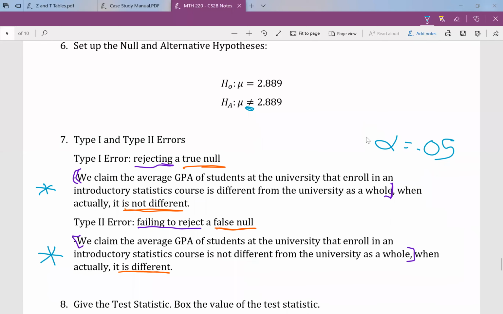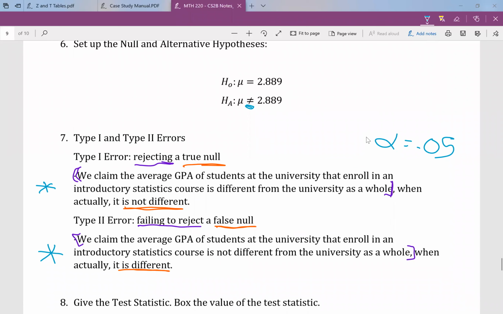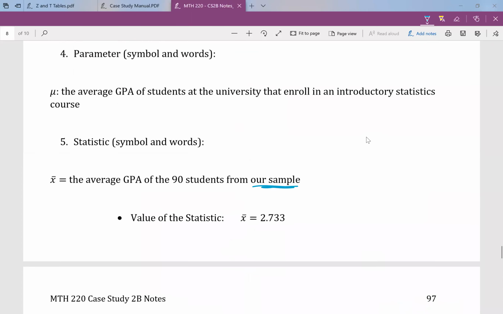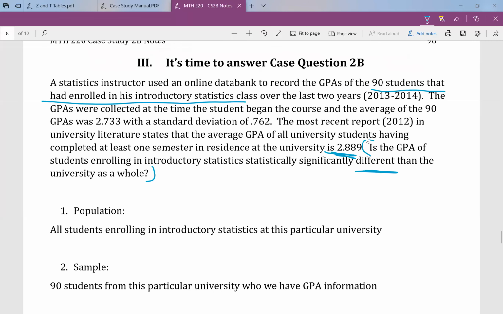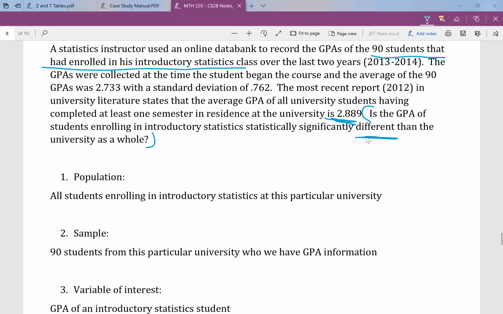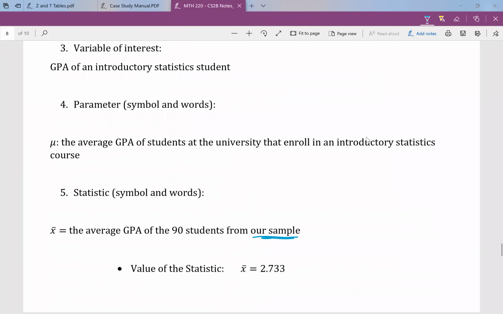Now we want to give the test statistic box the value of the test statistic. This is where we pick up with how we were solving the last few problems from the previous note set. Do we have a large sample? This would be a good time to scroll to the top and make a note of any numbers you think will be important. Now let's scroll down.